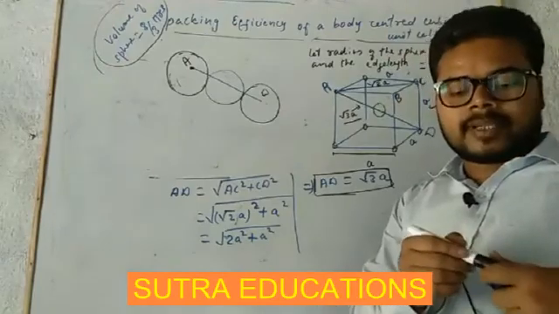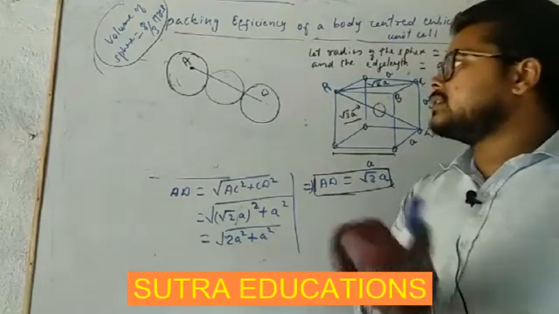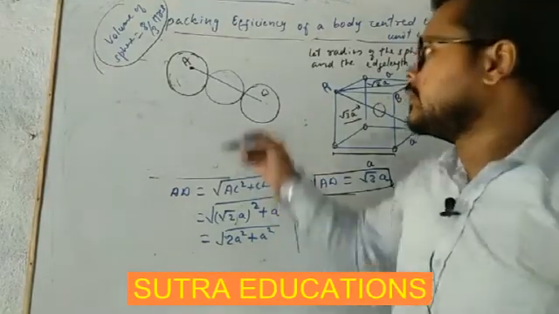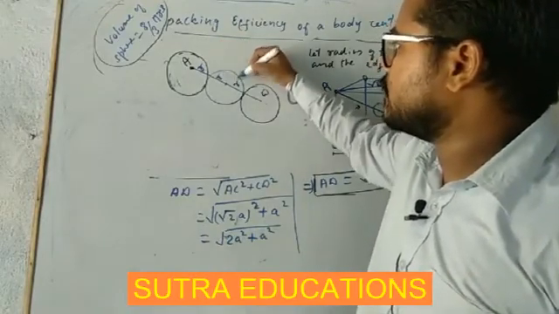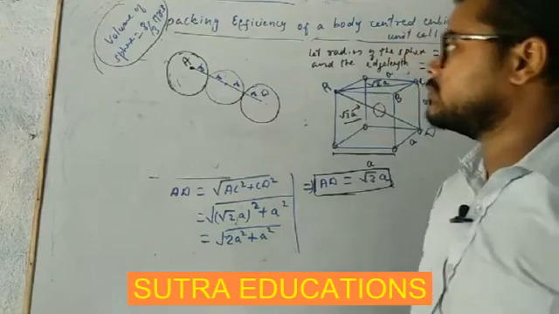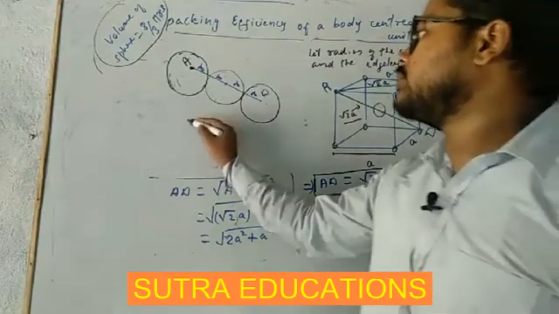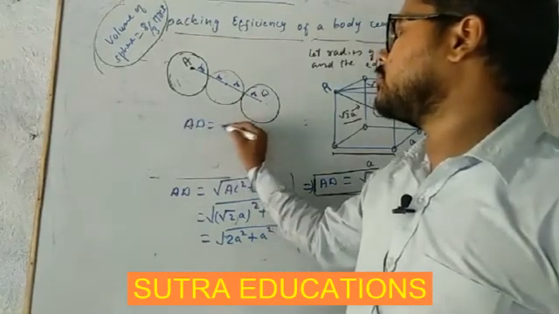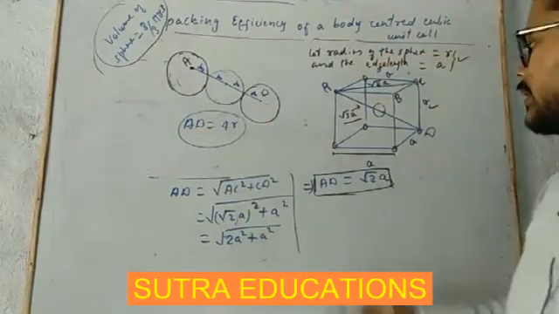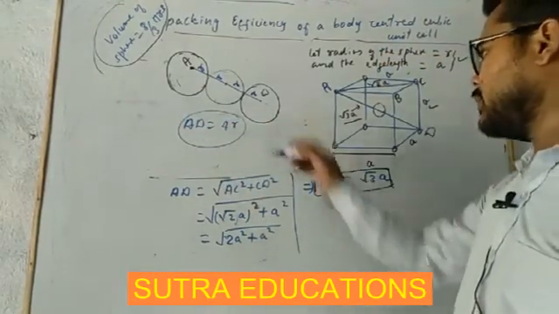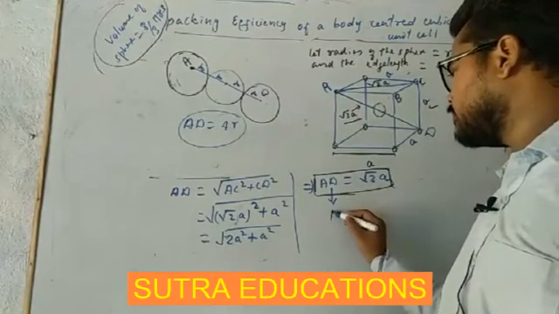Okay, so you can clearly see here this AD is equal to R plus R plus R plus R, meaning AD is equal to 4R. So we can write here in place of AD it is 4R.